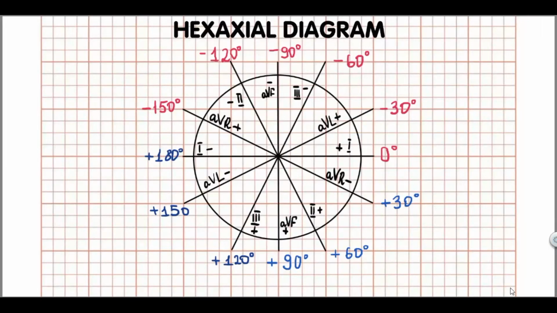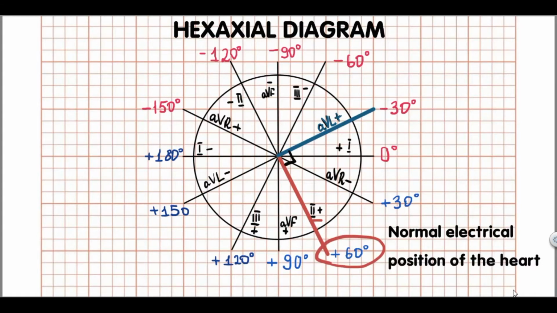After this, we use the hexaxial diagram for determining the mean QRS axis. Maximal R is in second standard lead. Biphasic complex is in AVL. Biphasic complex should be at right angle to the mean QRS axis, so the mean QRS axis is plus 60 degrees, which is the normal electrical position of the heart.